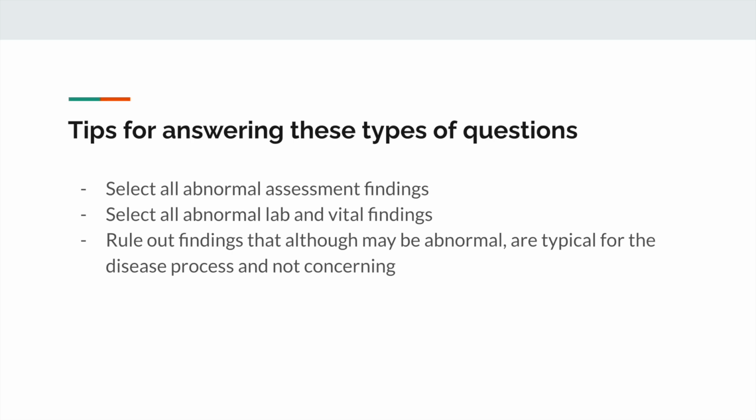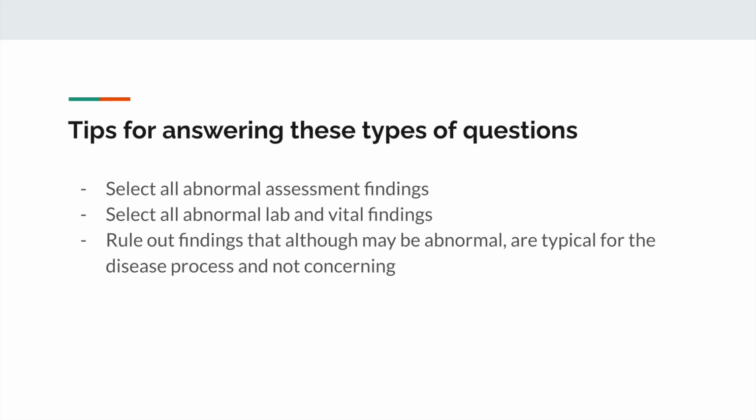Then rule out findings that, although they may be abnormal, are typical for the disease process that they have and not concerning. For example, with the crepitus in the knee joints and things like that, those are abnormal, yes, but they're typical for osteoarthritis, and not concerning at the time. So those are not answers. So I hope that'll help you guys with answering that question.